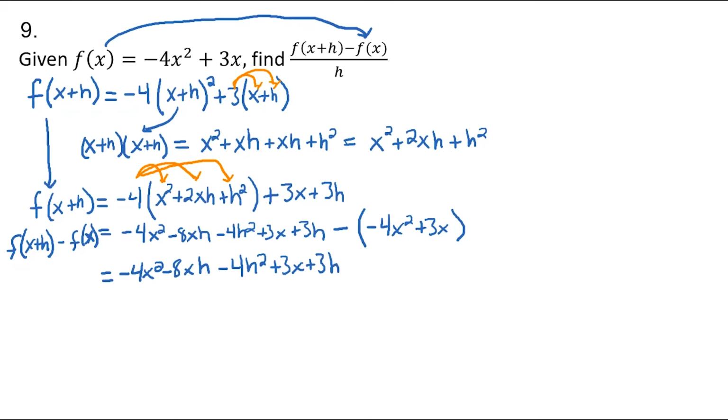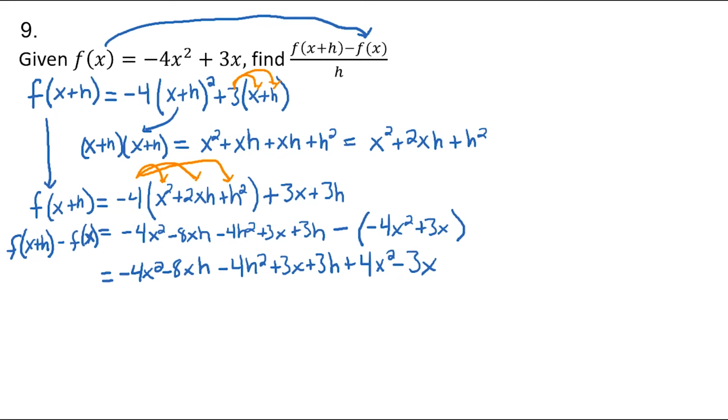And when I distribute this negative sign, I'm going to have a plus 4x squared, excuse me, plus 4x squared minus 3x.